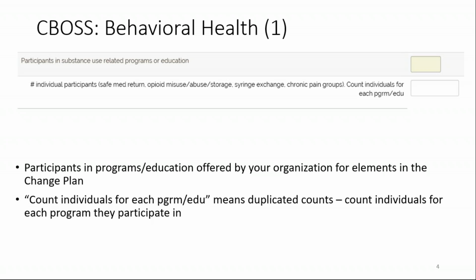For this, we would be looking at a total count of individuals. If someone participates in every single one of these, when you provide that service or program, you would count them every time. For some of you who are not providing services in these areas, this would be an example of one where you would say 8888: this is not a service area that's applicable to my organization.